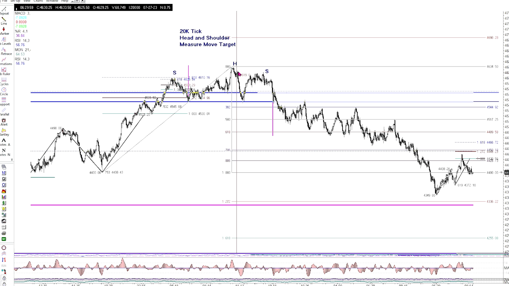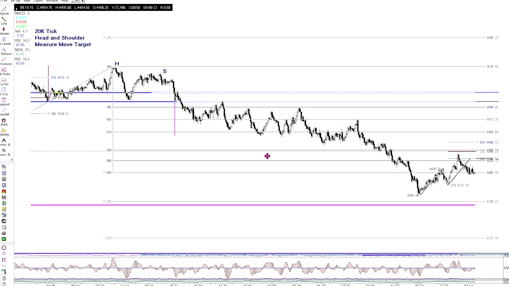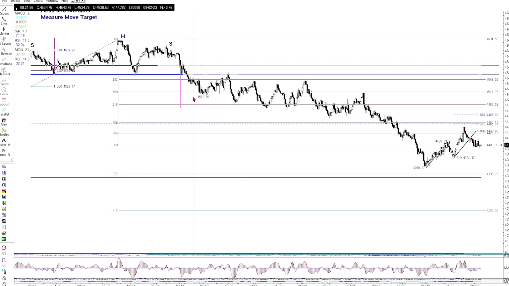So this head and shoulder pattern gave us this area of support to monitor, and it broke to the downside. This was the measured move, which price ended up getting to. But on the way down, the patterns that have been forming are mostly bearish patterns. These are the ABCD patterns.